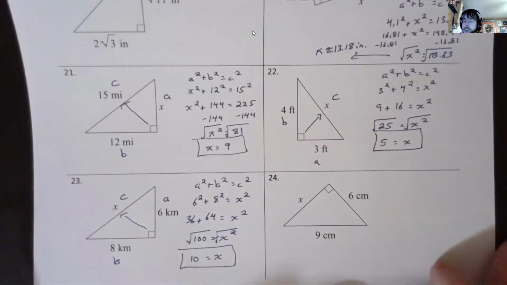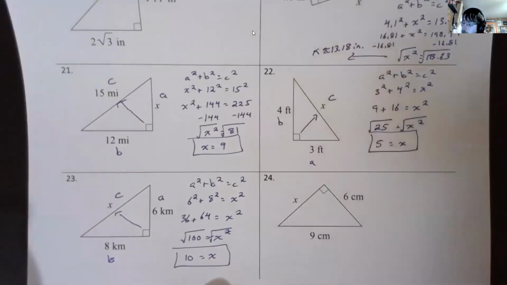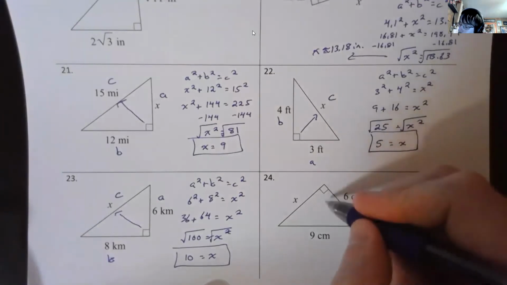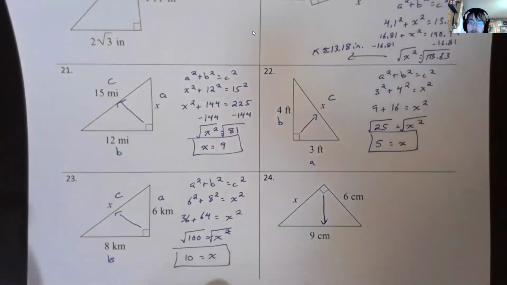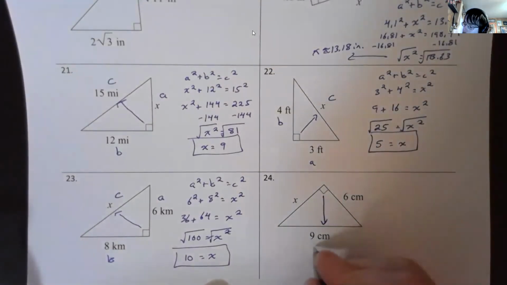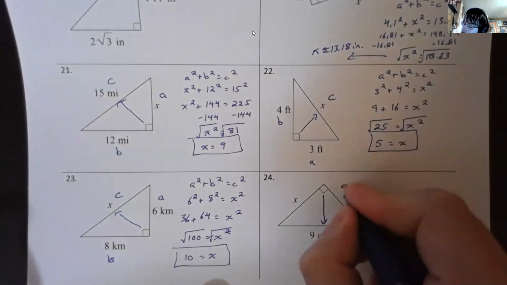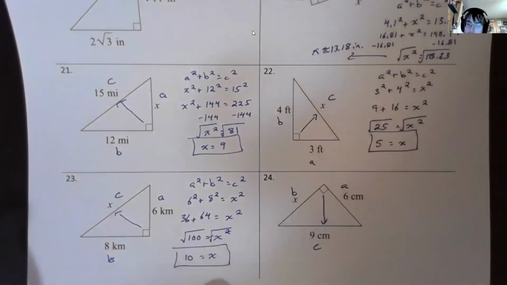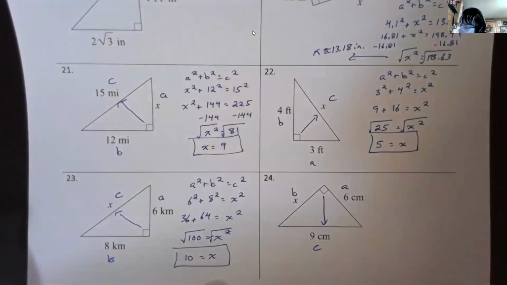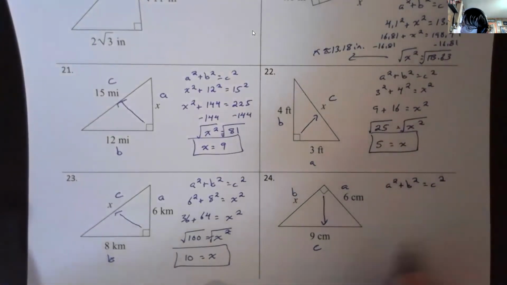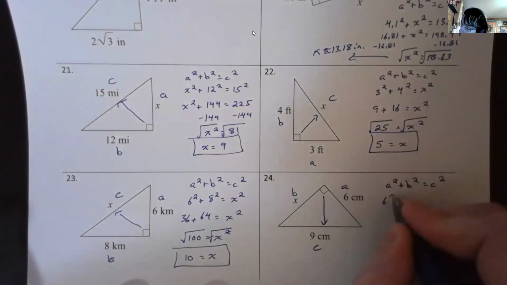And finally, the last one for this example video is number 24. In number 24, we see the side opposite from the right angle has a number, so C is equal to 9. I'm going to put A as 6 and B as x. So we have A squared plus B squared equals C squared. So we're looking for B, which is our leg. A squared is 6 squared.